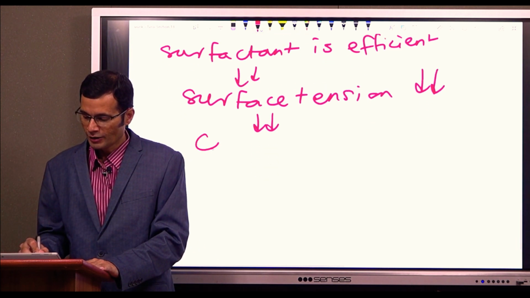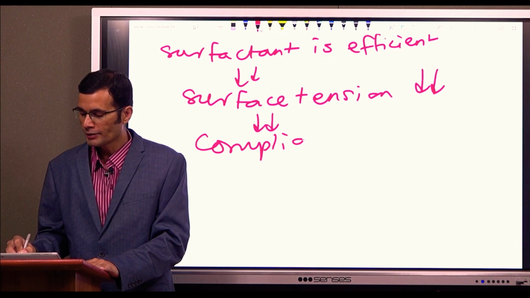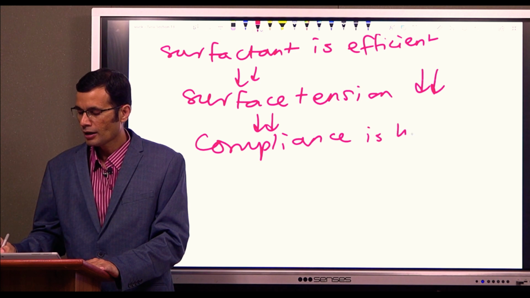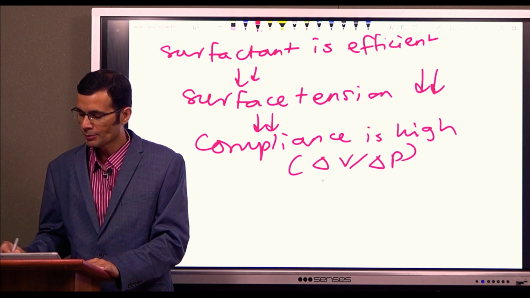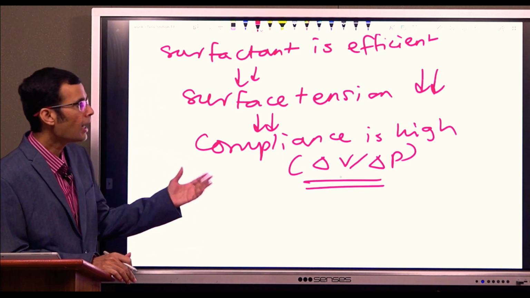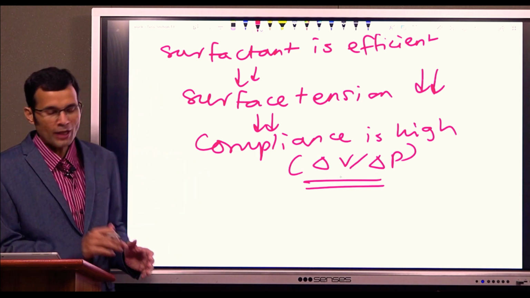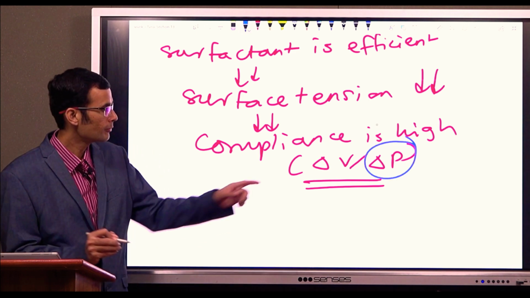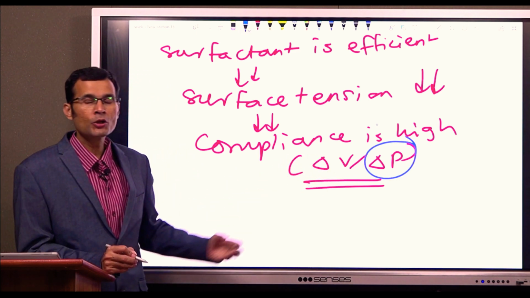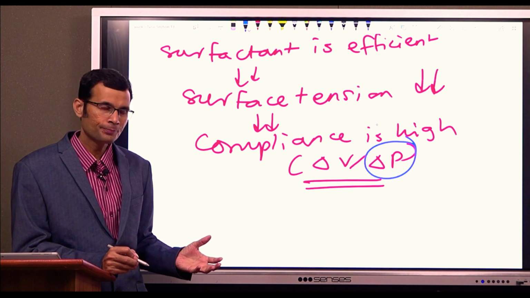Yes, compliance is high. The delta V by delta P relationship we are talking about will be high. That means for a small change of pressure, there will be a good volume distension.